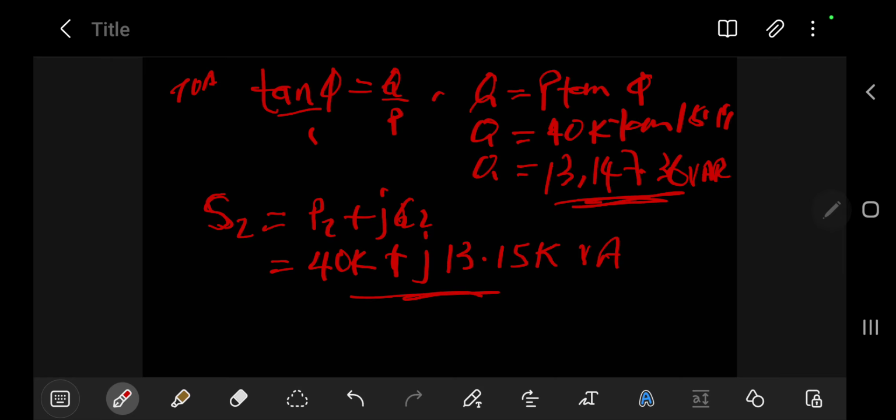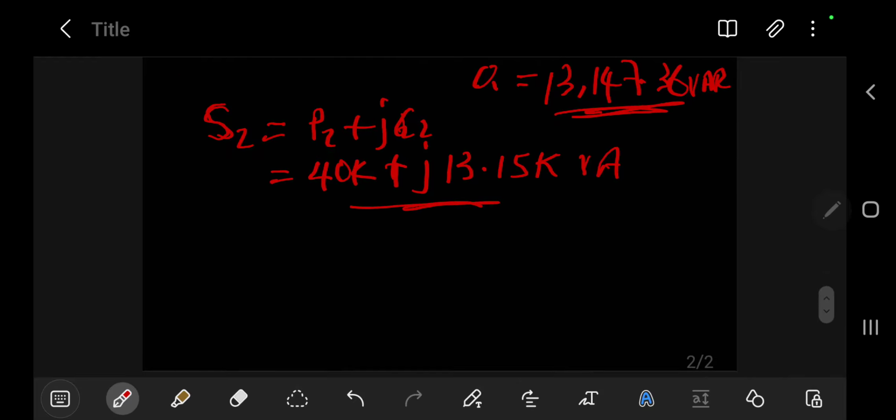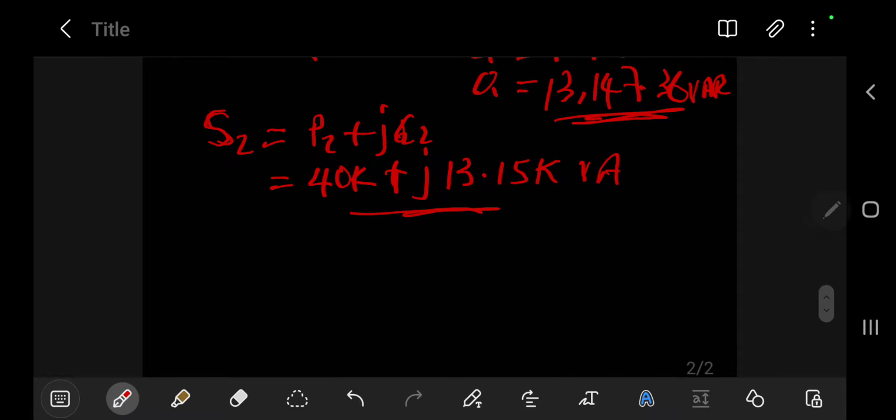So what can we do with these two? We know that to find the total complex power, we just need to add. We can even use some primary algebra here.